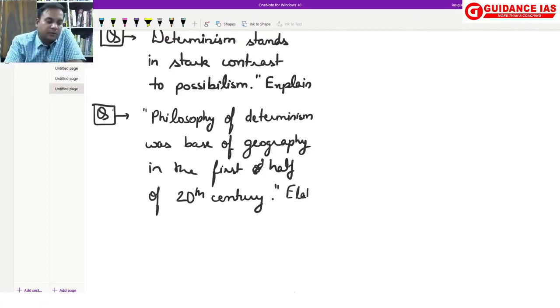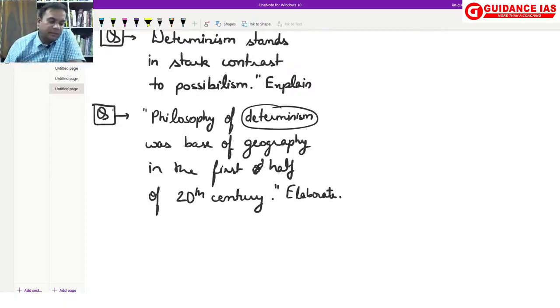Elaborate. In both these questions, can you understand that here determinism essentially, even without mentioning it, implies environmental determinism.